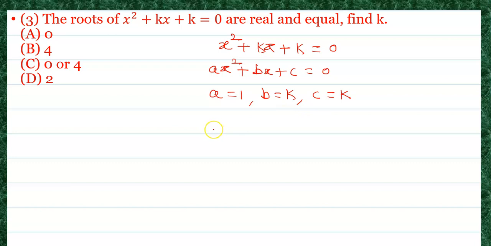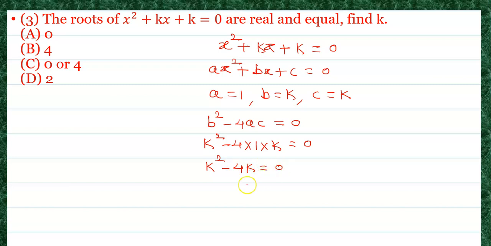The roots are real and equal, and therefore we have the condition that the discriminant b square minus 4ac is equal to 0. The value of b is k, so k square minus 4, a is 1 and c is also k here. If we simplify, k square minus 4k is equal to 0.